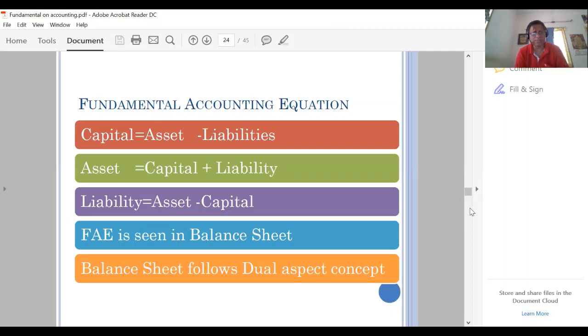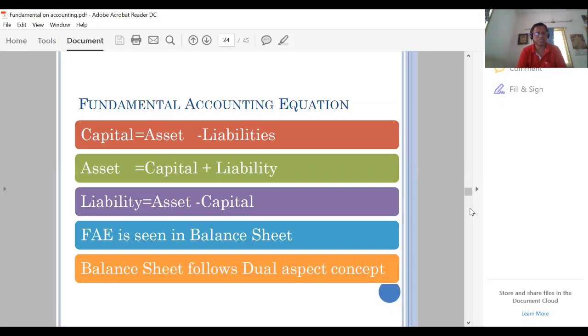We call it capital is equal to asset minus liability. Right? Asset is a real account, liability is a personal account. This accounting equation is also called the balance sheet equation. Please remember, the accounting equation is also called the balance sheet equation. Right? Asset is equal to capital plus liability.